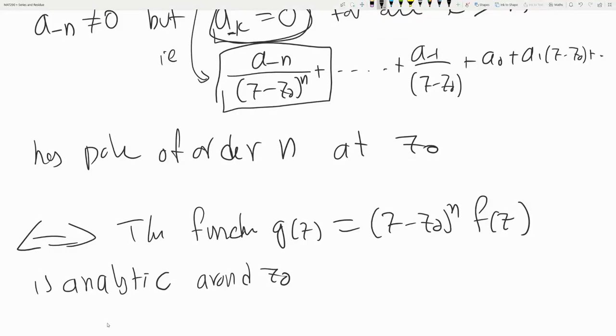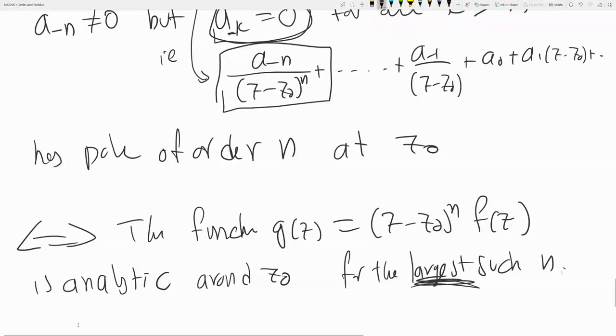So you pick the largest n. For a zero you pick the smallest, for the pole you pick the largest. Yeah, so let's do some examples to get a feeling.